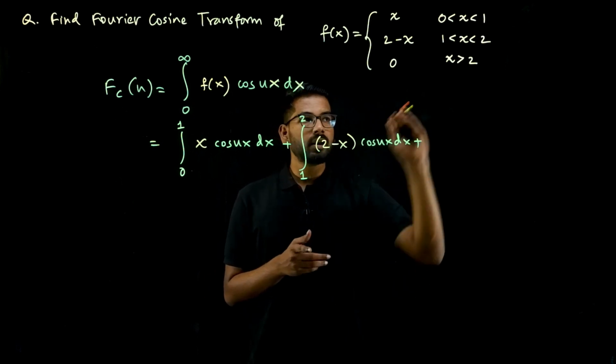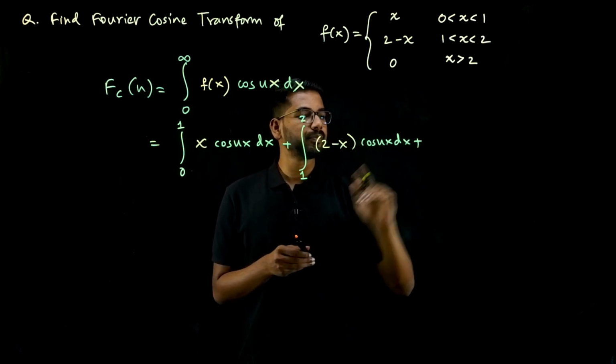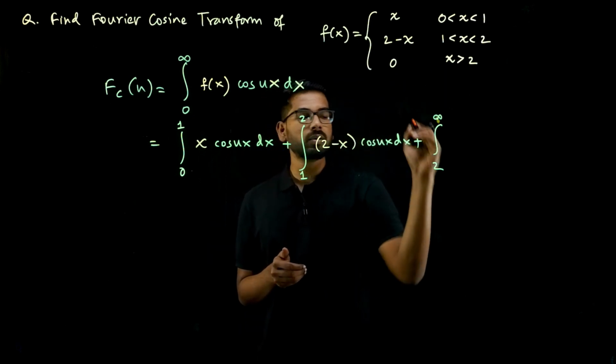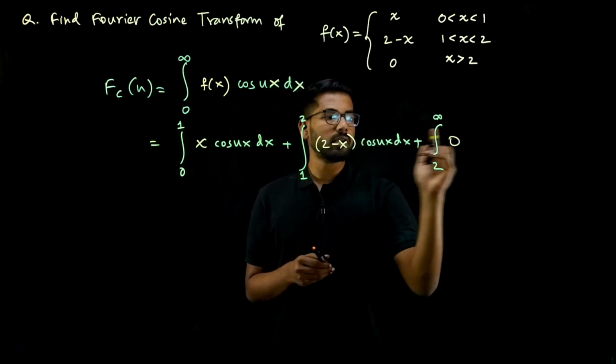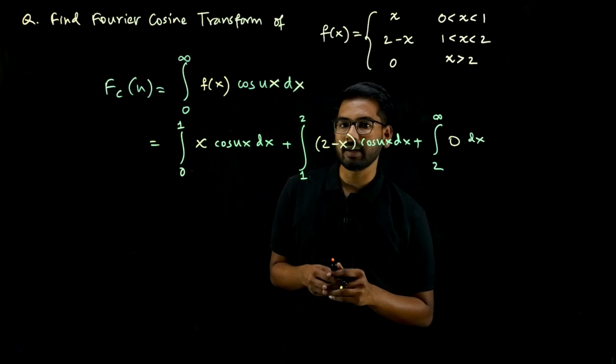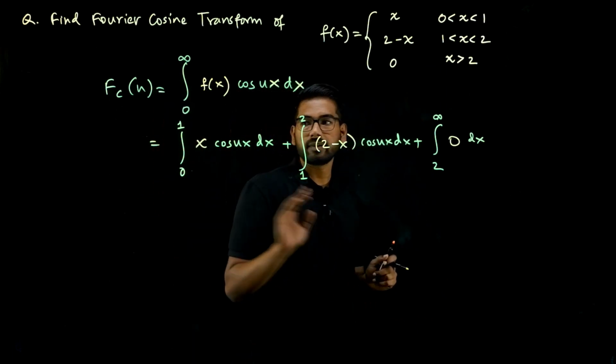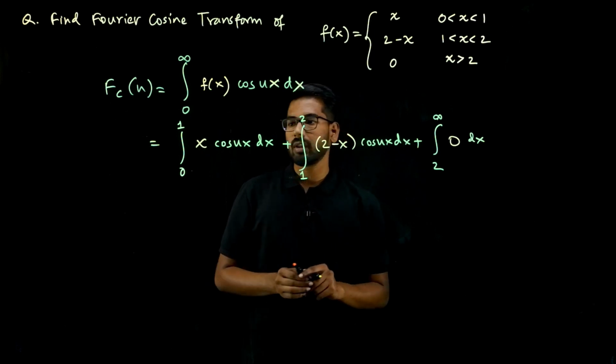Finally, x greater than 2, that is from 2 to infinity, f of x is equal to 0, so 0 times cos ux is 0 dx. So we need to split the integral from 0 to infinity into the given intervals: 0 to 1, 1 to 2, 2 to infinity.